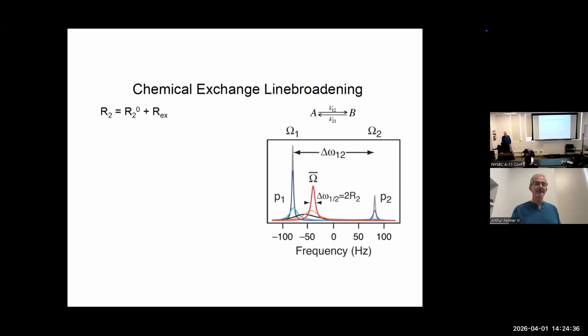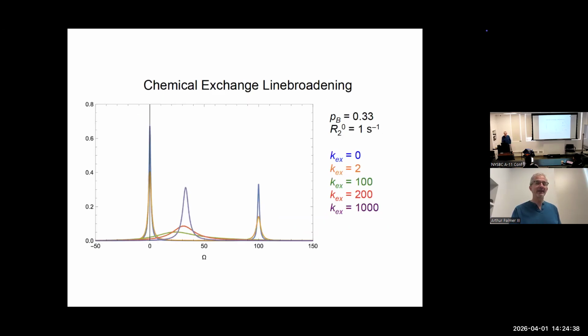And then we start to see them grow in at the population average position. When they appear at the population average position, that means we're in the fast limit again. And in the fast limit, what's our expression for the line width?